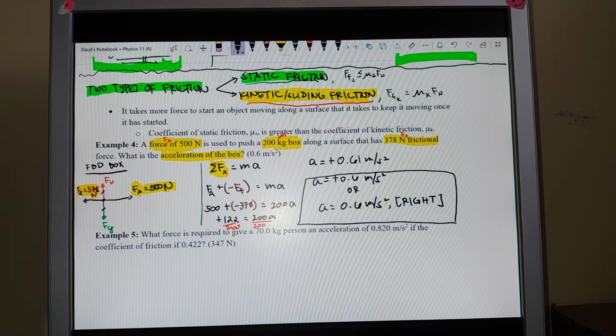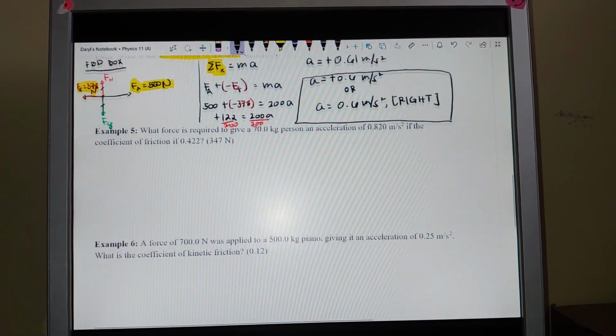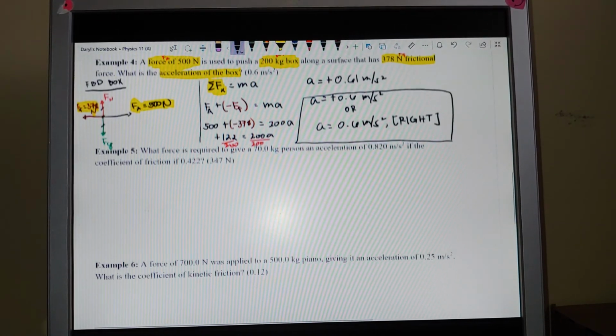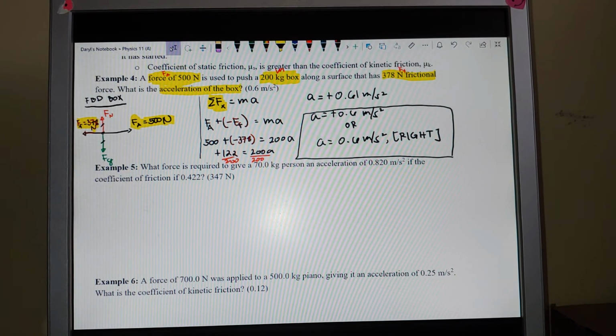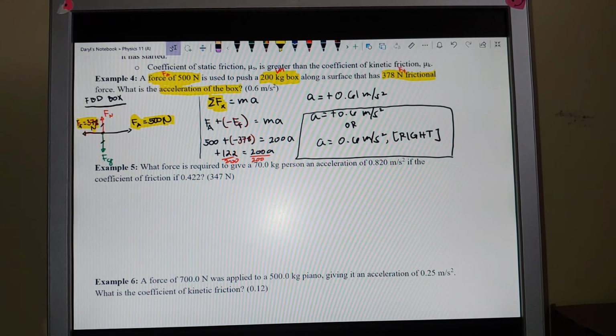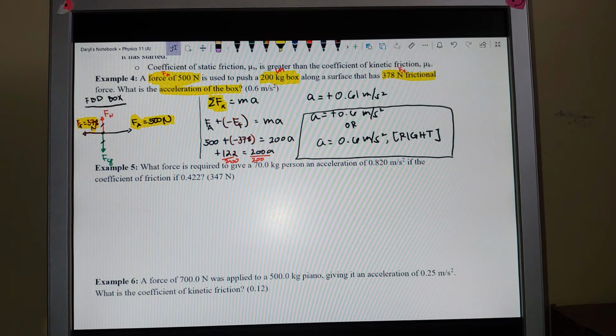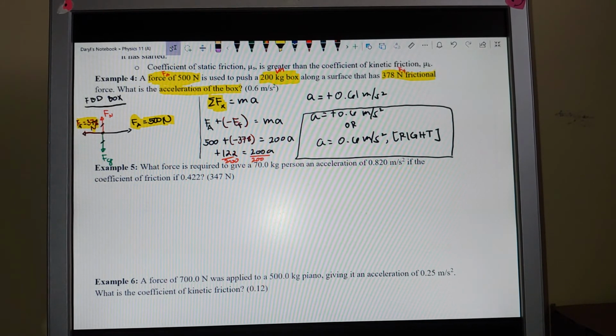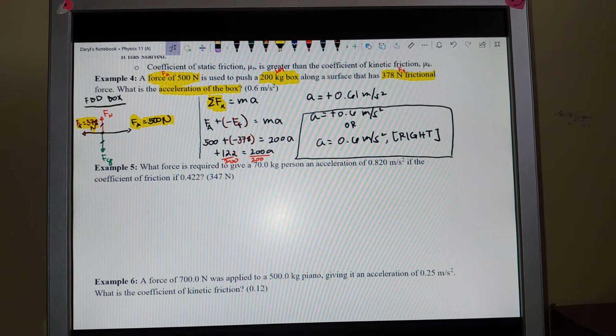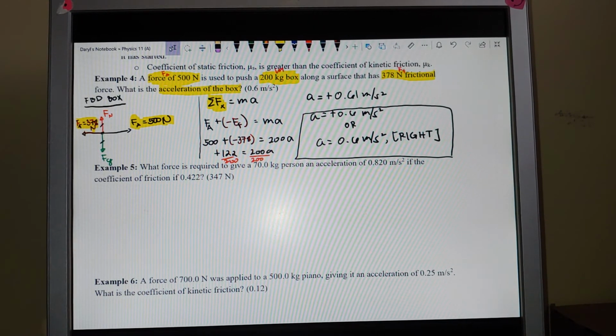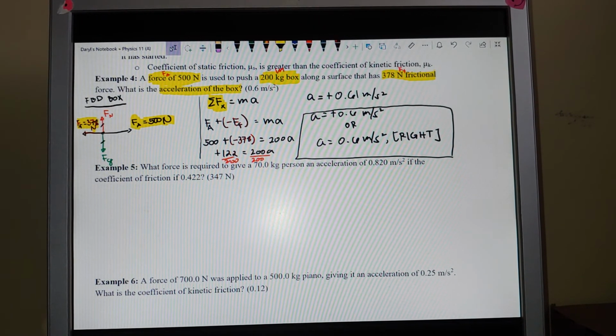So I can assign you examples number 5, 6, and 7 as homework, and I will be checking your solution. I will not be looking at your final answer, but I want you to follow the solution in which you start with the free body diagram.